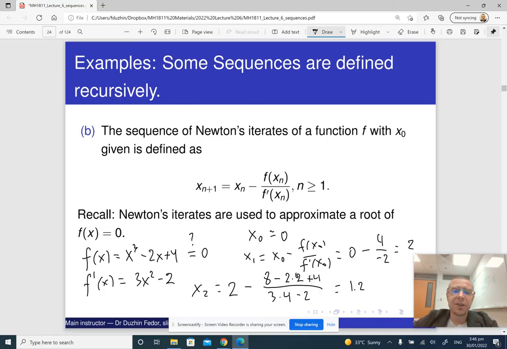And so on. So x3 is going to be obtained by this formula. If you replace xn with 1.2, this is 1.2, this is 1.2, so then you will get x3, and so on, right?